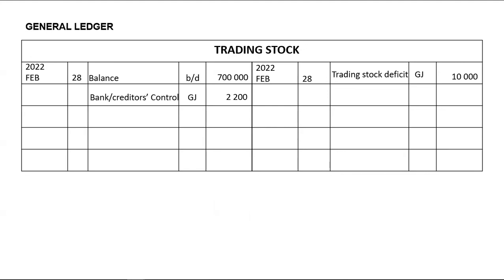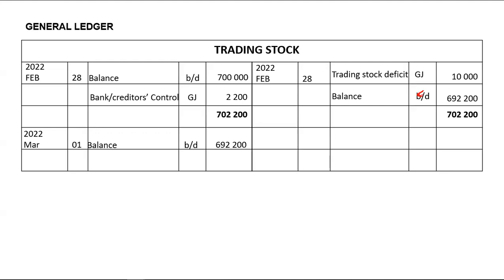So the amount of trading stock we are left with will be 692,200, which is what we are going to carry down to the following financial year. And that will be brought down at the beginning of the next financial year, which will be 692,000.